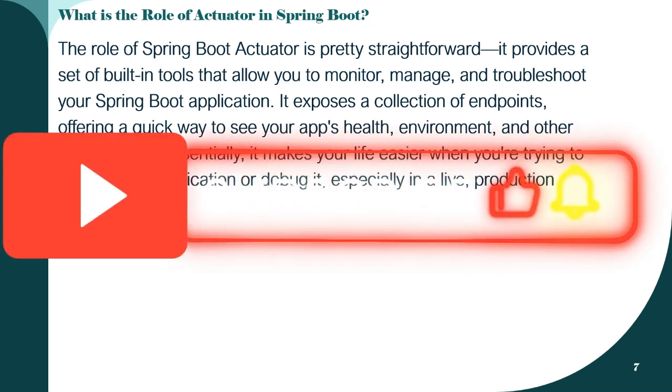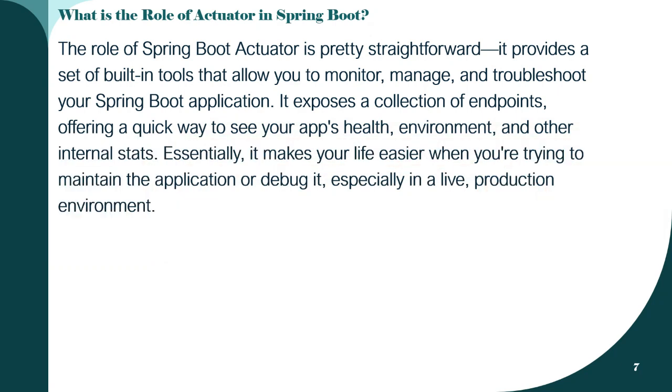It provides built-in tools so you can monitor, manage and troubleshoot your application. Nothing complex. It simply exposes the endpoints, you get the information, and you can track it for monitoring purposes, or manage things, or respond to something. So that's the role it plays.